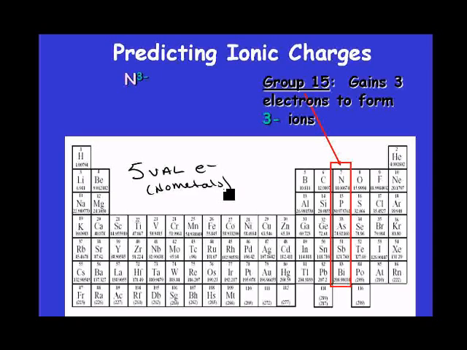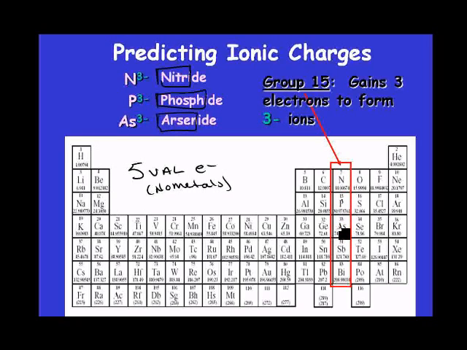So we have N3-, which is the nitride ion, P3-, which is the phosphide, and As3-, which is the arsenide. Notice we're taking the root of each of these. We're taking the root of nitrogen, phosphorus, and arsenic, and adding that suffix ide.